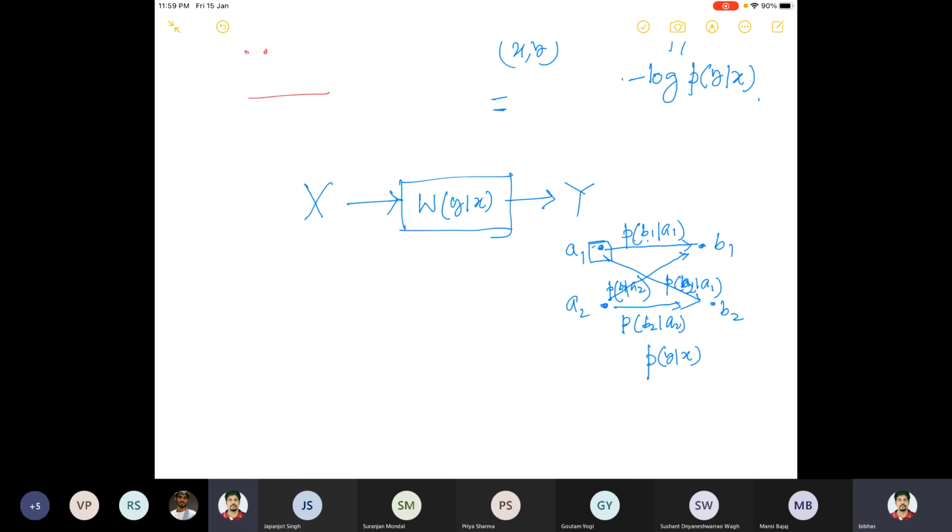So whenever we fix X, then W of Y given X for all Y gives a probability distribution on the output variable, because it is defined on B1, B2, up to BK.